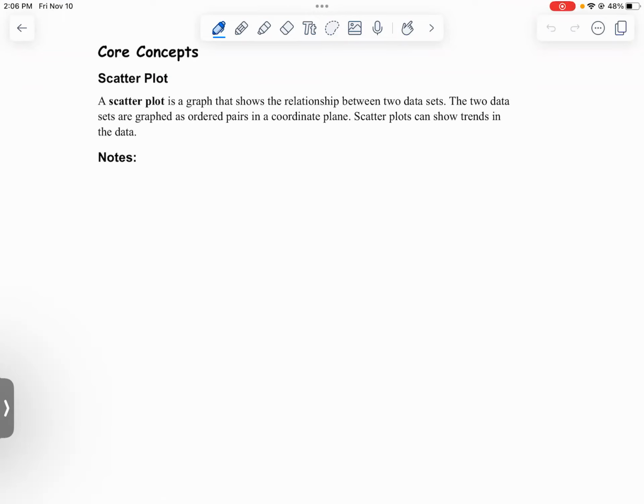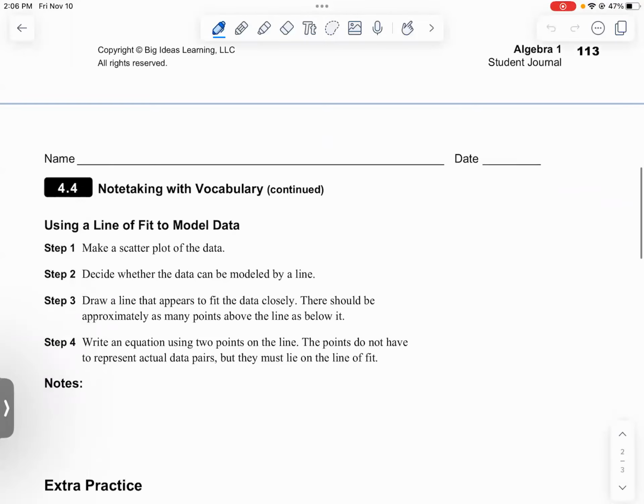Like you saw with Brooks's pulse. It wasn't a perfect line, but we could see that there was a negative trend, because his pulse was slowing down.